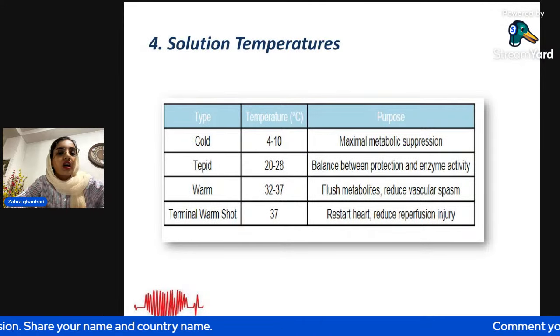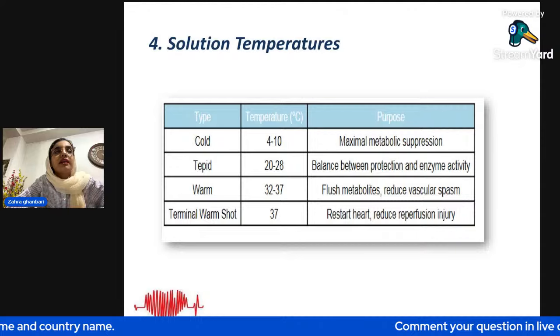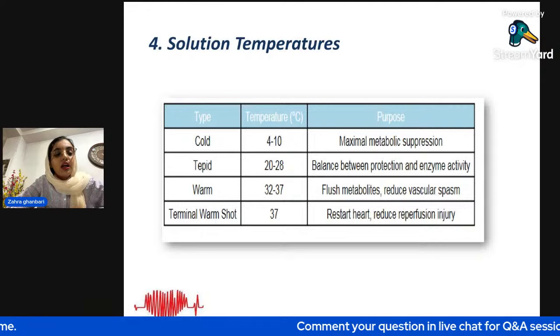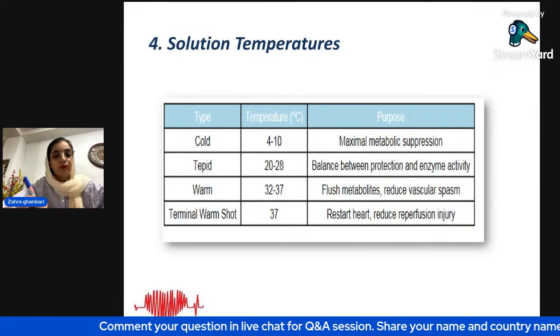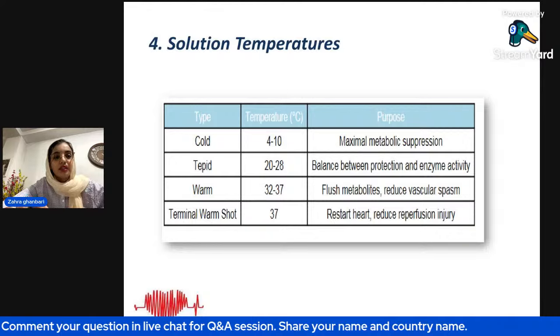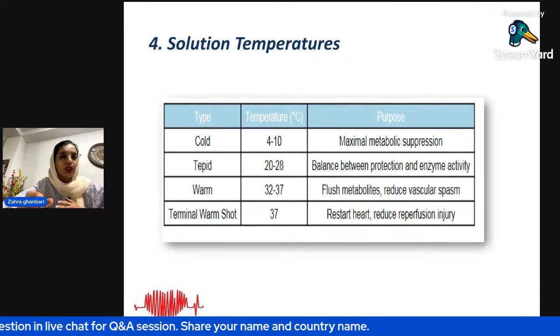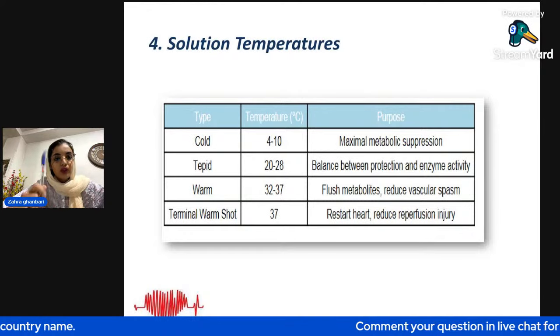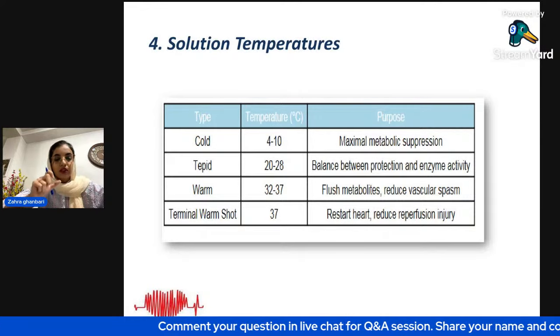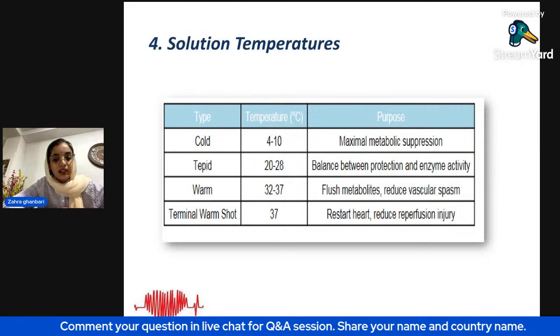We always inject hot shot at 37 degrees Celsius, because we want to wash out metabolic acidic metabolites and reduce reperfusion injury. For tepid, sometimes blood solution is injected at tepid temperature. So go to the next slide, please.